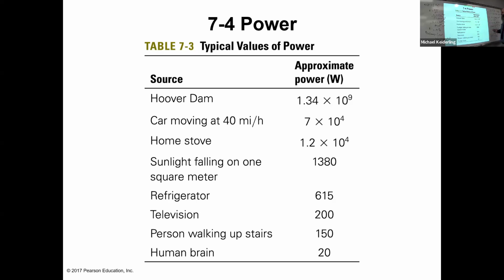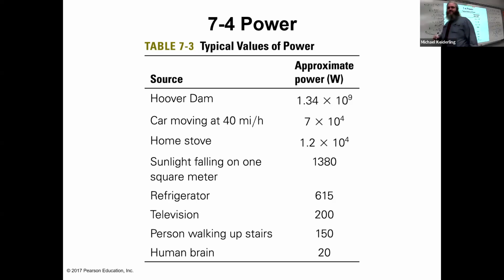Sunlight falling on 1 square meter is about 1,380 watts. A refrigerator when it's running uses about 650 watts. If you have a decent refrigerator, the average over the day is going to be less than that.